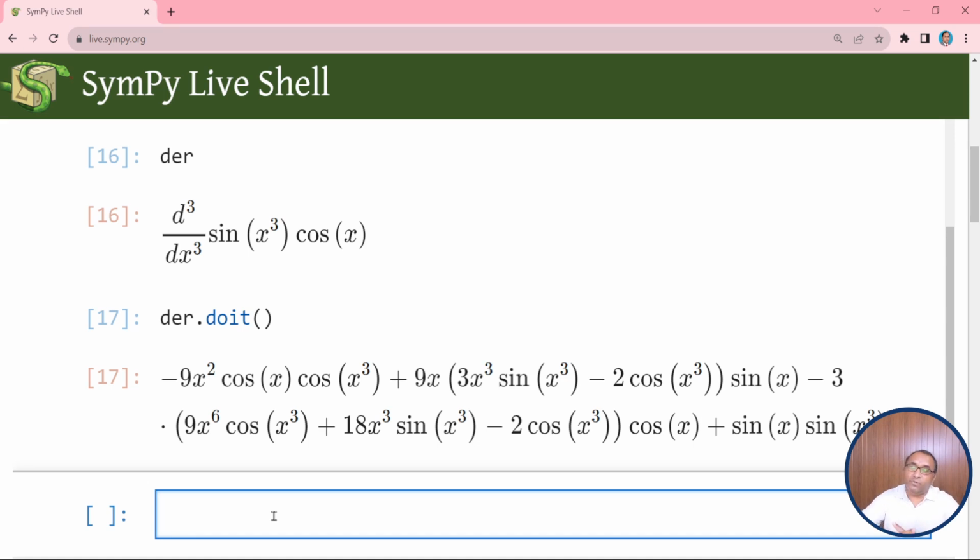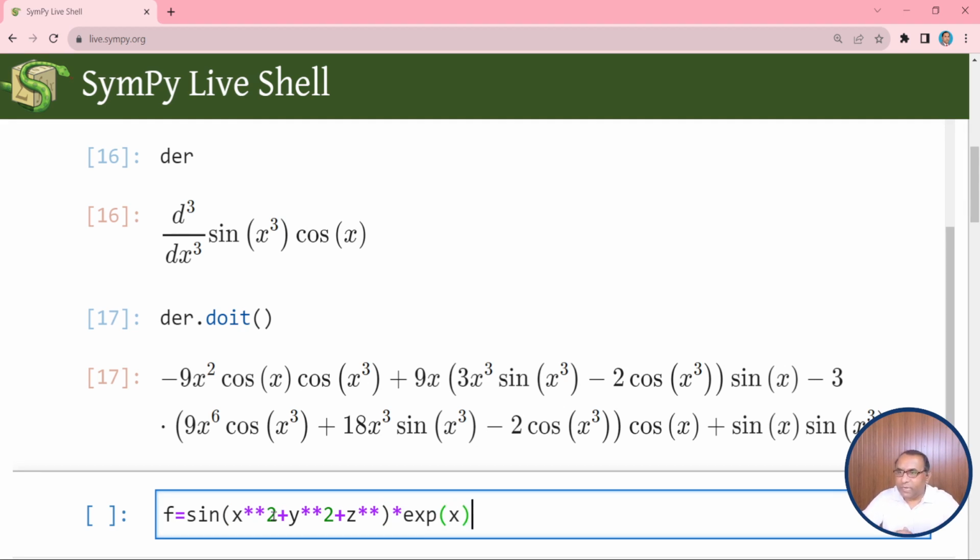Now if you want to find the partial derivative of any function, see, I am choosing here f is equal to sine, and I am taking in its place x square plus y square plus z square. So I am choosing three variables here, and a product with exp, exponential x.